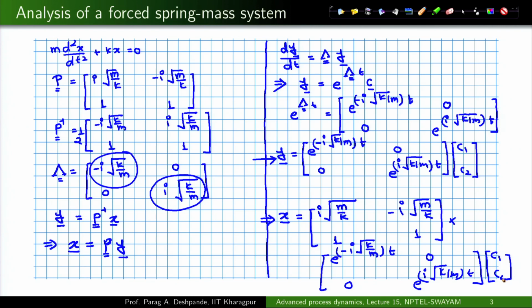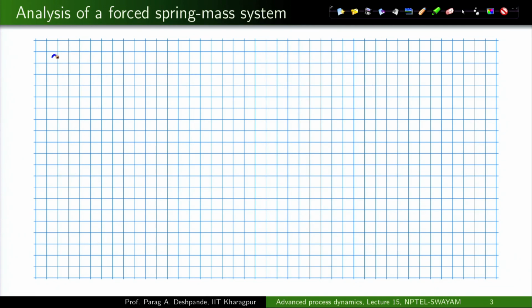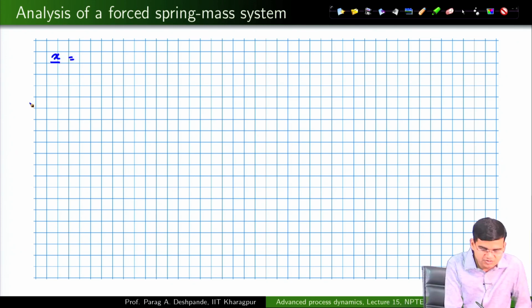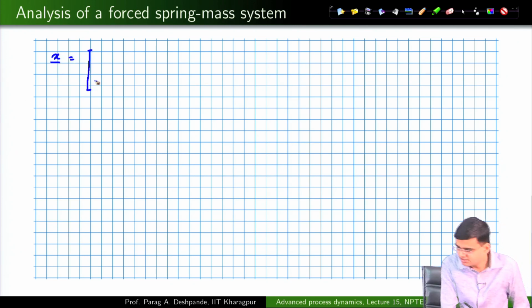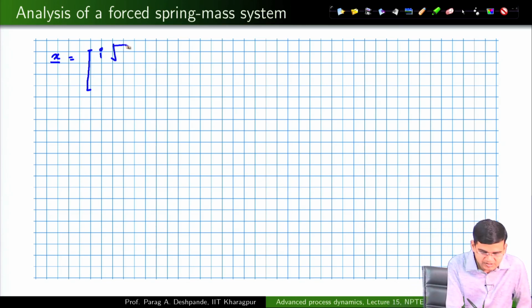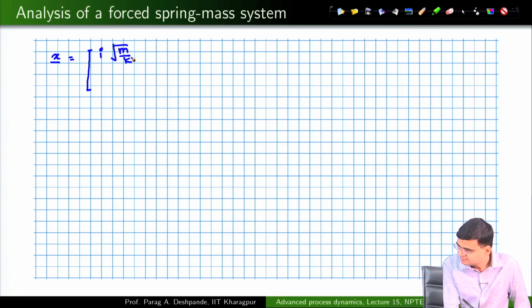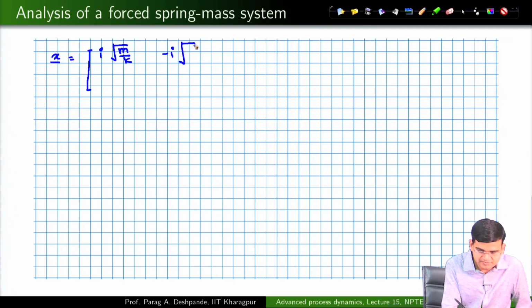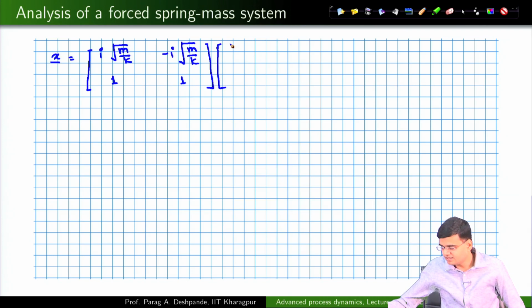How to proceed forward? Let me write down the last quantity again. The last quantity which you get is x under bar is equal to p, and p is I root over m by k, minus I root over m by k, 1, 1, multiplied by e to the power lambda t.